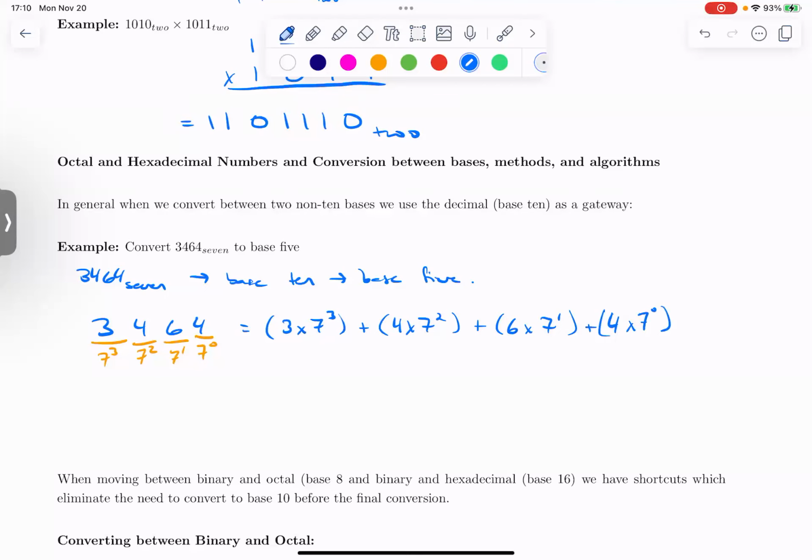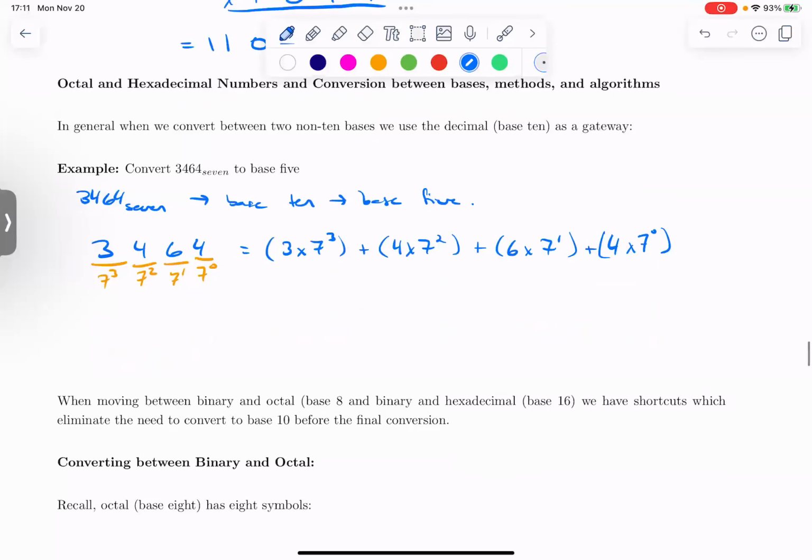Now, I do have to use my calculator. And menu 1. 7 to the power of 3 is 343 times 3 is 1029.